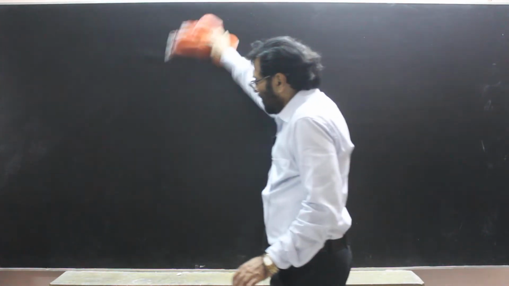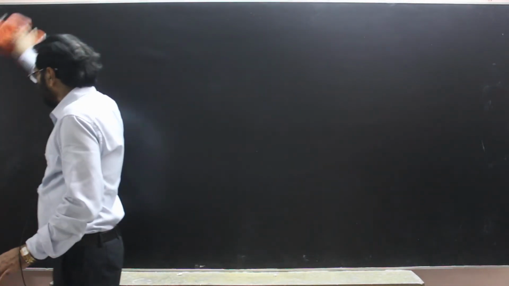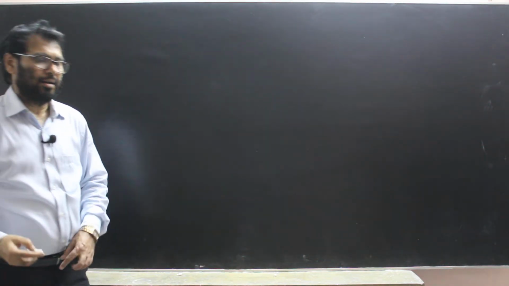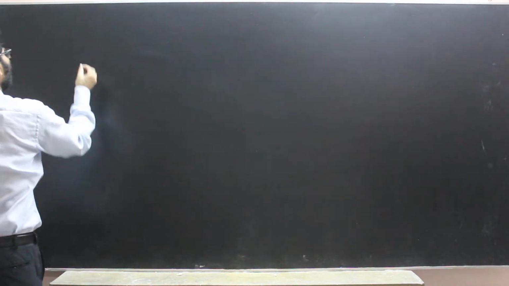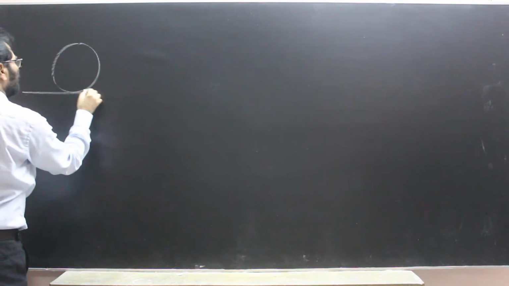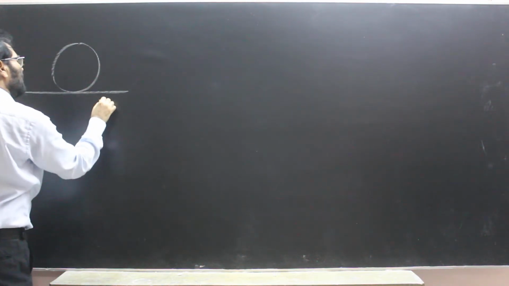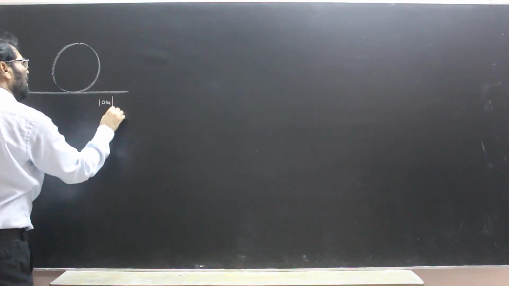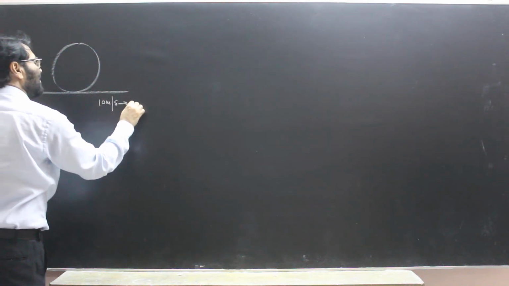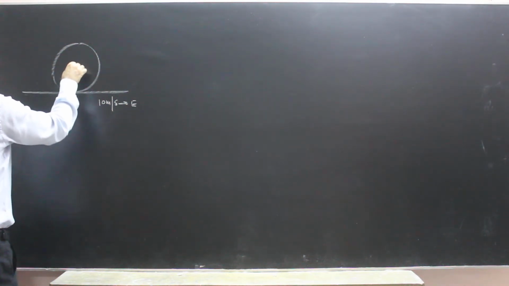So this is our problem, that a particle is moving with a constant speed of 10 meter per second in a circle. The particle is moving on a circular path. Initially it is moving with 10 meter per second towards east.